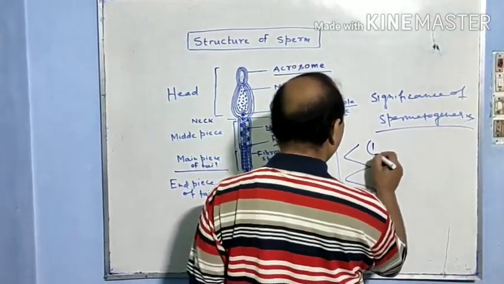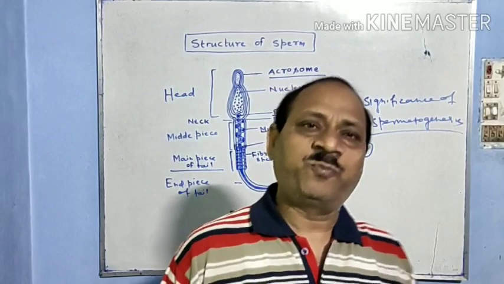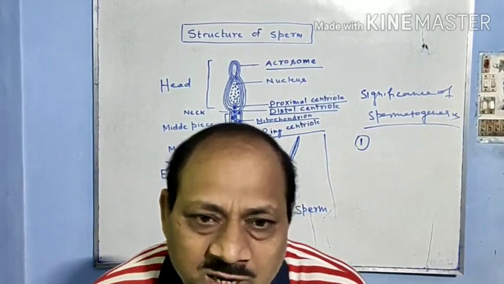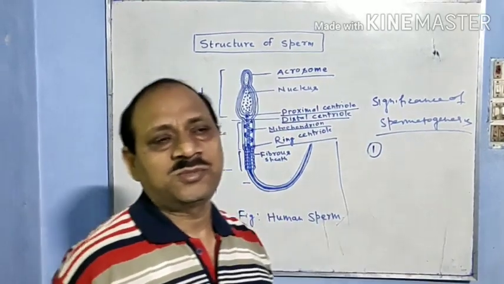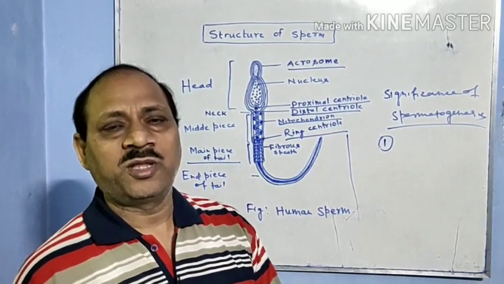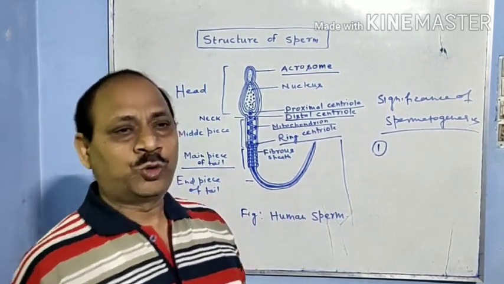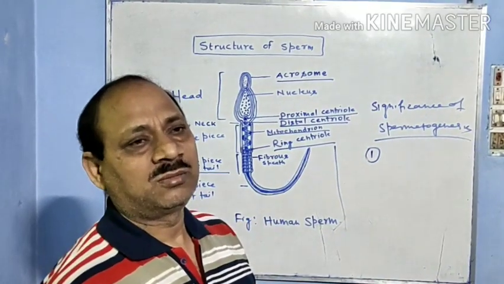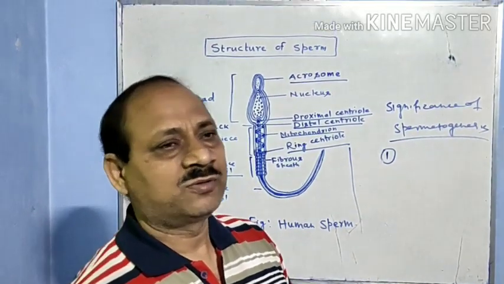First point, as a result of spermatogenesis, haploid cells are present known as sperm or spermatozoa or male gametes. Haploid cells means it contains half number of chromosomes to that of their parent cells, and it is produced by the meiotic cell division. As a result of meiosis, the number of chromosomes reduced to half.